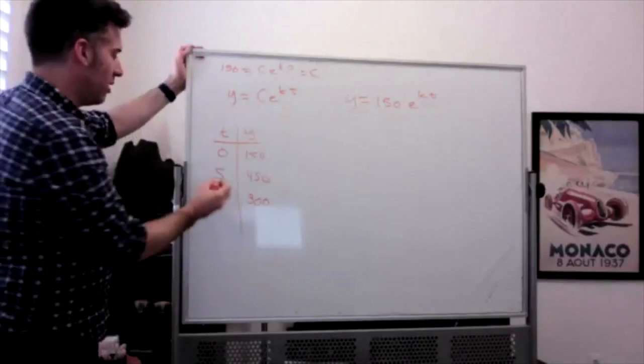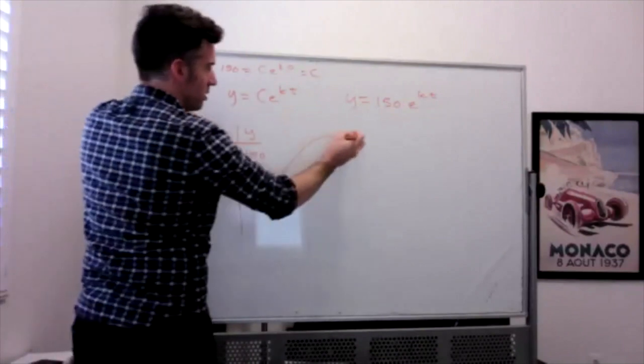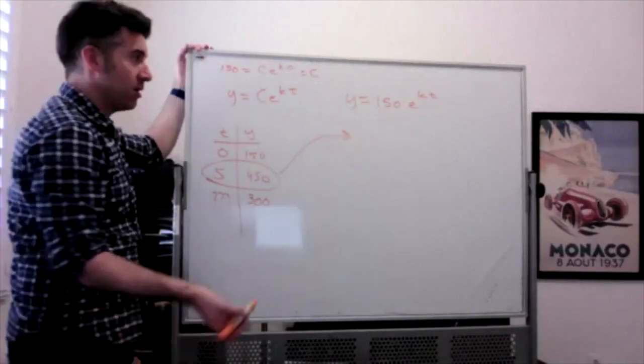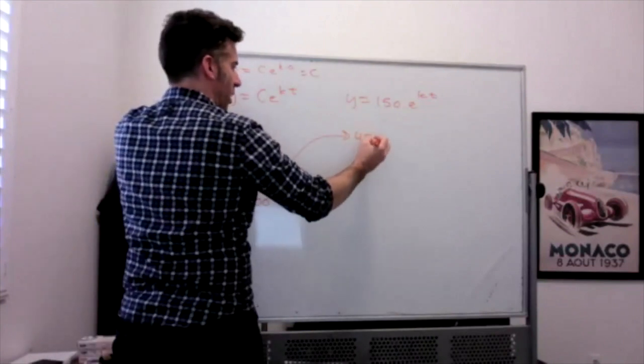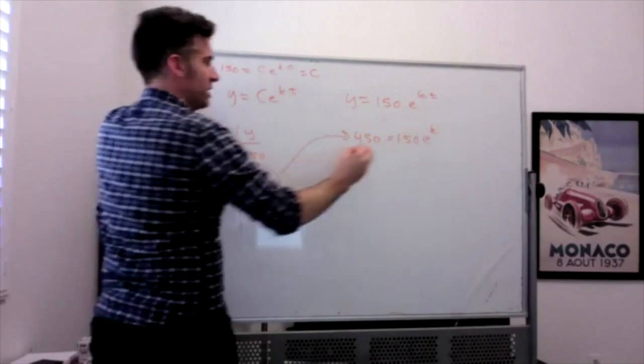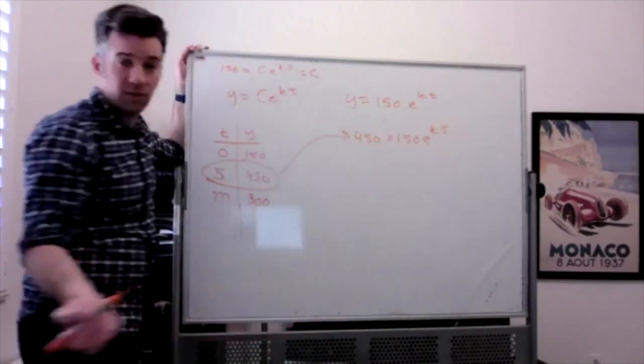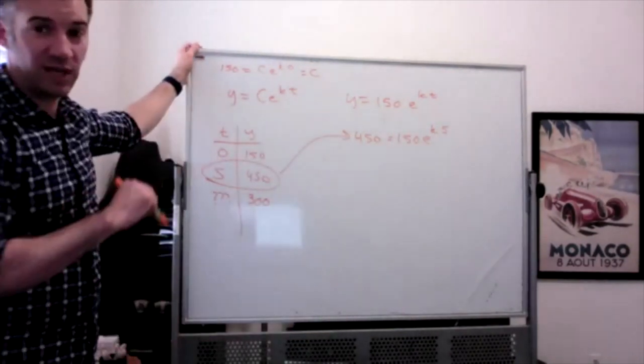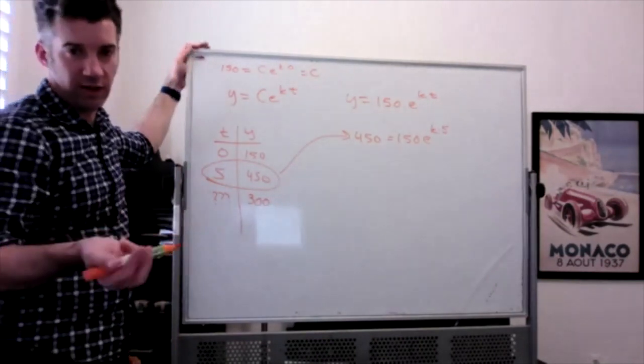And then we use the other piece of information to solve for k. So I'm going to plug in 450 for y and 5 for t, and then I'm going to solve for k. I'm always going to divide both sides by that coefficient, 150 or whatever it is in your problem.